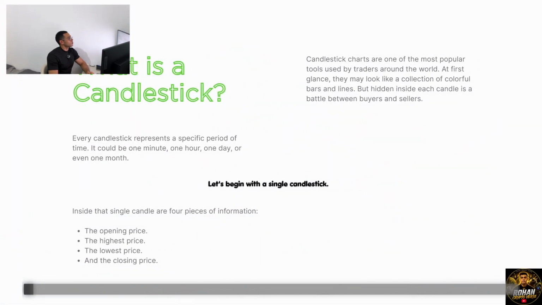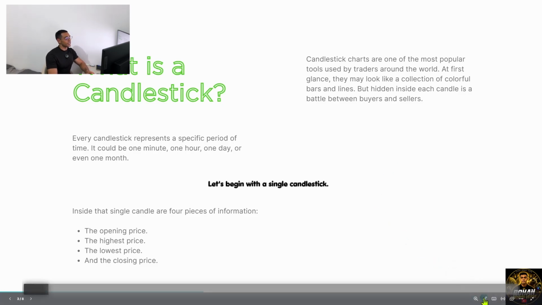So the question is, what is a candlestick? Every candlestick represents a specific period of time. It could be 1 minute, 1 hour, 1 day, or even 1 month. So there are two things you have to keep in mind when you're looking at a candlestick.